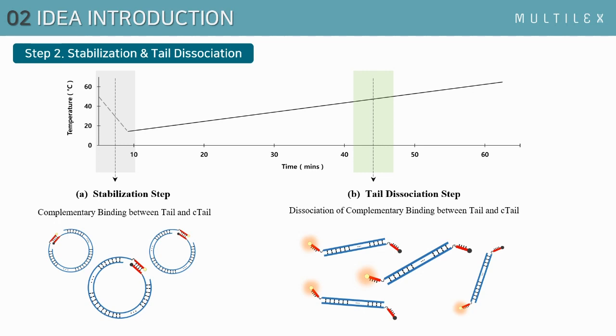You can design the tail and C-tail pair for the specific target considering the binding force. And then, if you get a fluorescence graph from them, you can find out the existence of the specific target. Now you can guess the principle for detecting a target in our megaplex system.